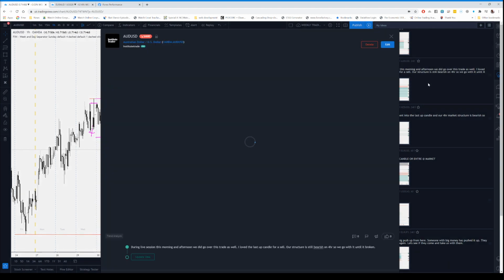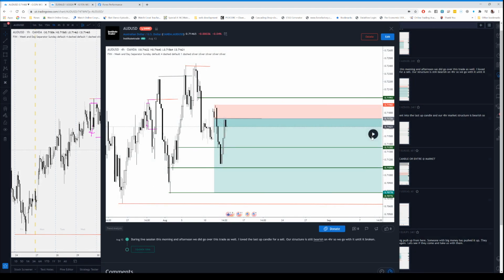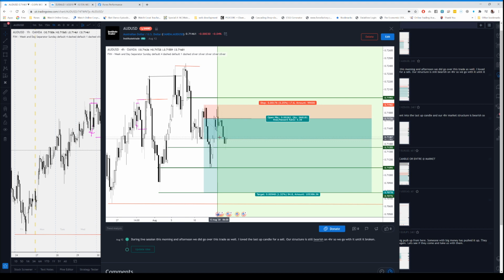Where is it? Okay, there it is. Yeah, that was TP1, so you should have taken that off. I think I was asleep. No, that was yesterday. I didn't hit it yesterday. I hit it early hours this morning. I was asleep. So you should have taken something off, and then the next target is down there.